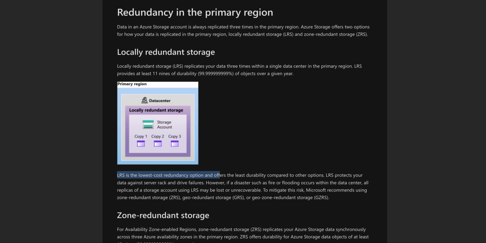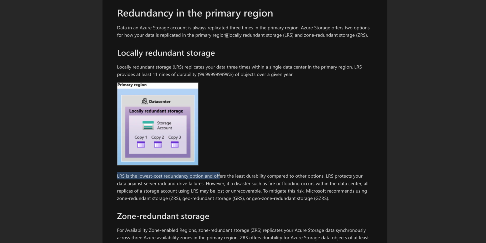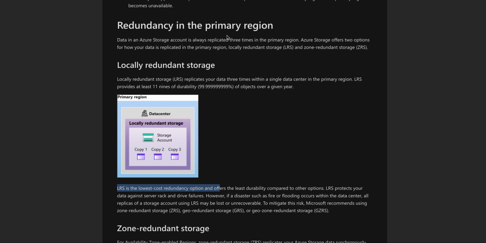Last video we were looking at locally redundant storage, which was basically redundancy in the primary region. We want the data to be available and resilient, so data in an Azure storage account is always replicated 3 times in the primary region.